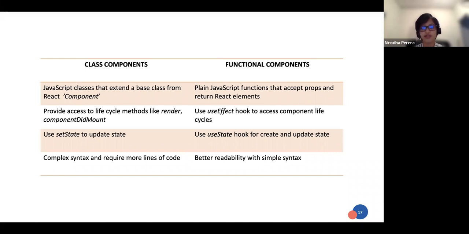We were only able to use functional components as stateless components. But with the 0.59 release, they provided something called hooks. I will explain that further down the line. There are two hooks that we commonly use. Those are useEffect and useState.